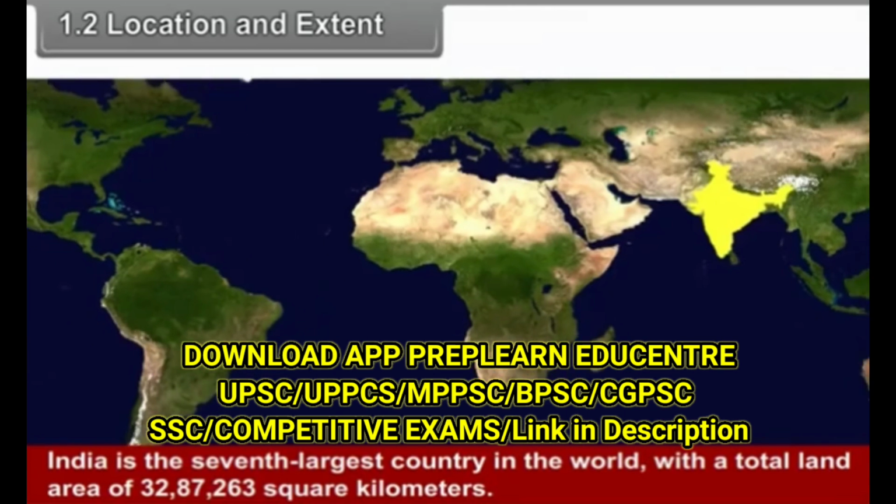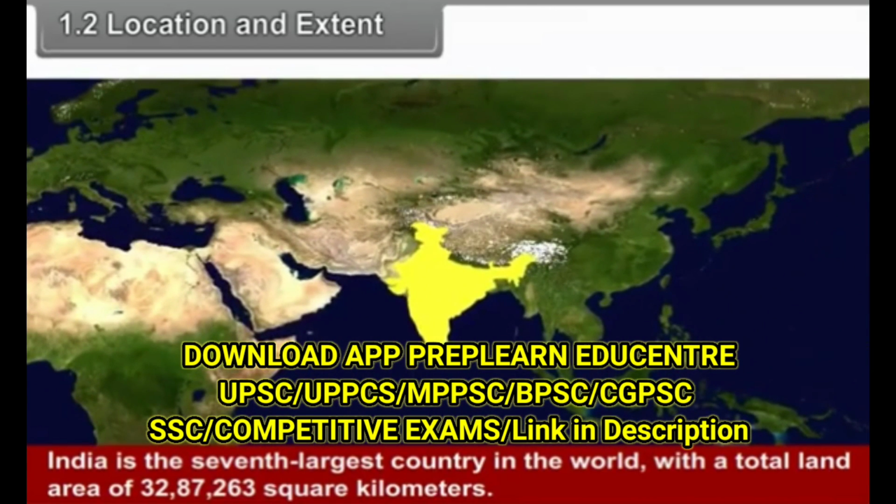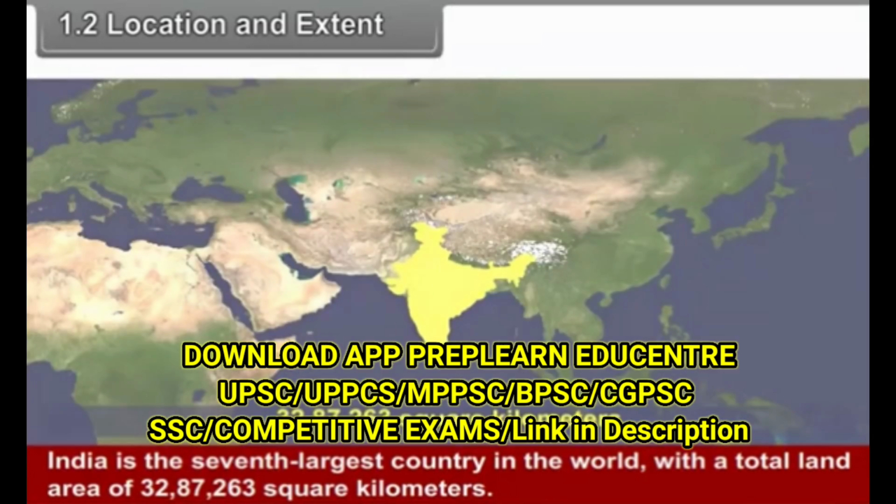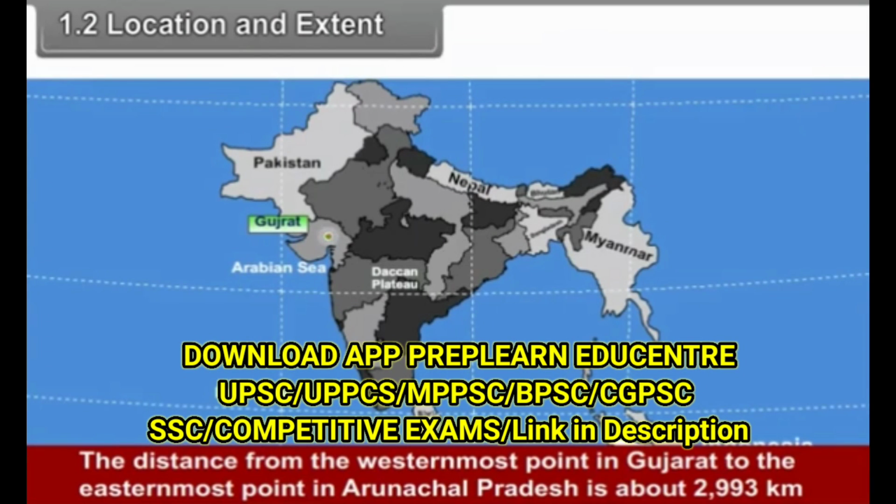India is the 7th largest country in the world, with a total land area of 32,87,263 square kilometers.